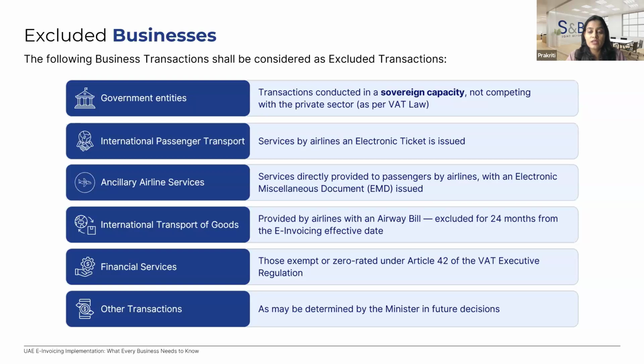These are excluded only for the first 24 months, and going forward, they will again be in the net. Certain financial services which are either exempt or zero rated under the VAT law are excluded during this time. And any other transaction means the ministry can include any other transaction or any other business to be part of or out of scope of the e-invoicing mandate.